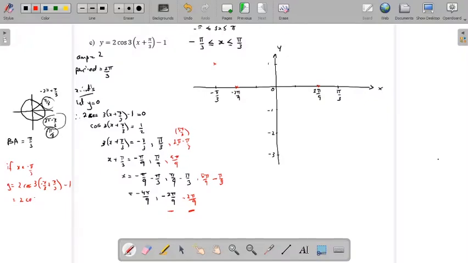That's 2 cos, this becomes 0. So 3 times 0 is this. 2 cos of 0 minus 1. Cos of 0 is 1. So that's 2 times 1. So that's 2 minus 1, which is 1. Okay, so that's our point here, negative pi over 3, 1.